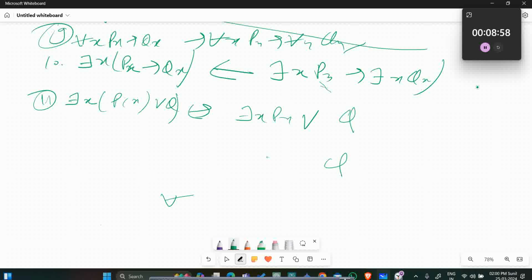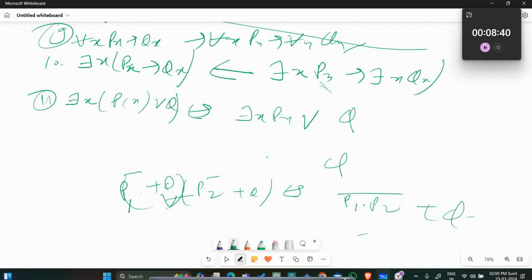Next is P1 plus Q equals P1 dot P2 complement plus Q. This does not hold here.